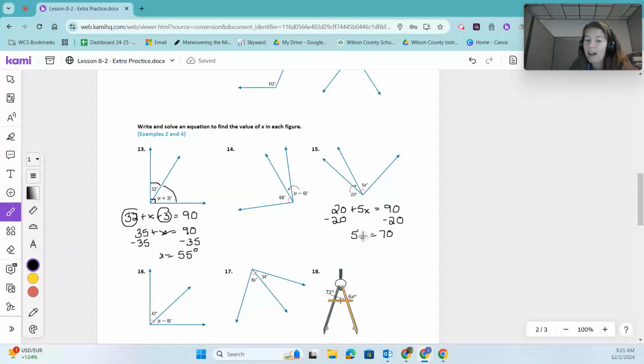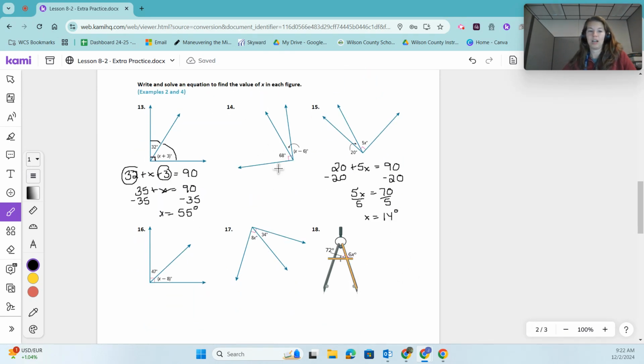Now, 5 and x is multiplication here, so I'm going to divide by 5 on both sides. x equals 14 degrees on that one. There are a couple more that you can try like that.